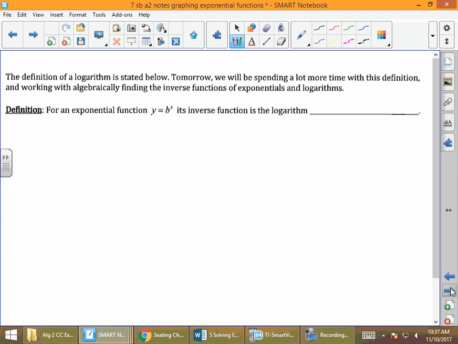We're going to be working with more of the logarithm starting tomorrow, which is really Monday. But let's just do a little bit of the basics here, and then we'll get back into it on Monday. Working algebraically, finding the inverse functions of exponentials and logarithms. First of all, for an exponential function y equals b to the x, its inverse is log base b of x equals y.